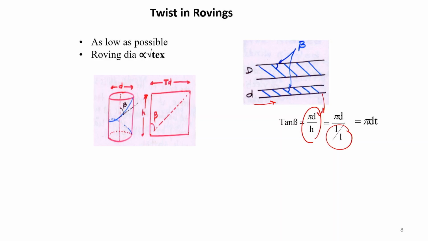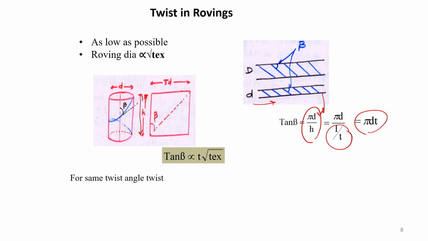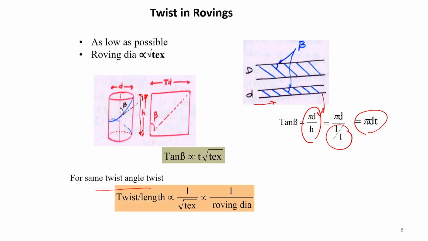So, h is the length for one twist, so pi d t. For the same twist angle, the twist per unit length is proportional to the roving diameter. So, if we keep the twist angle, the twist per unit length is inversely proportional to the roving diameter.